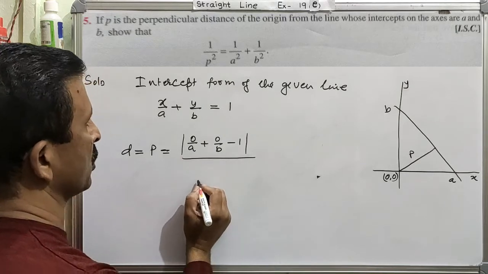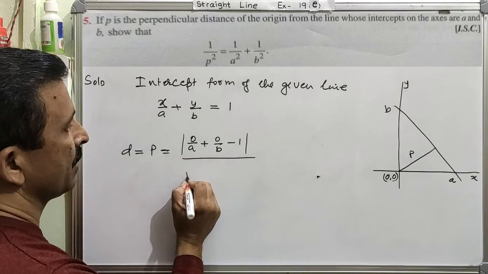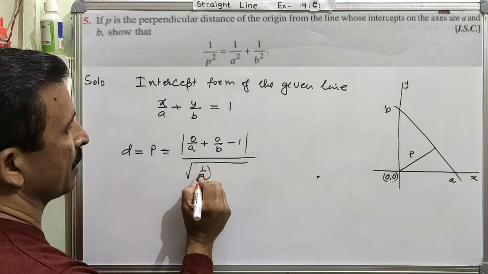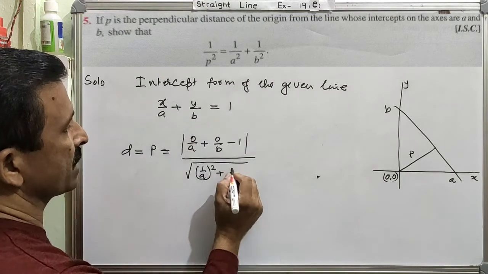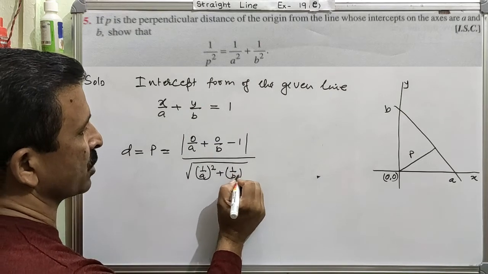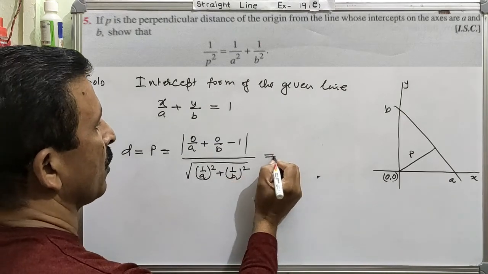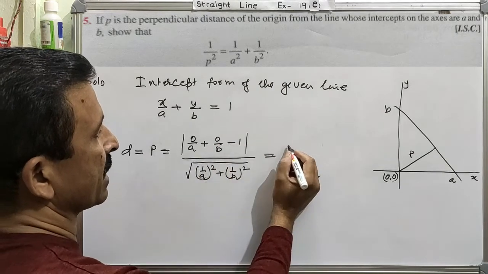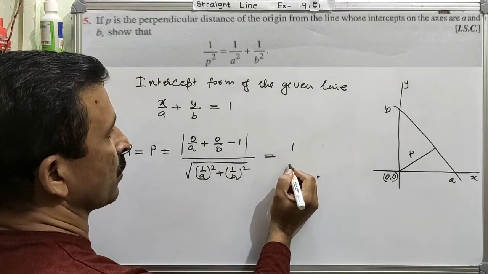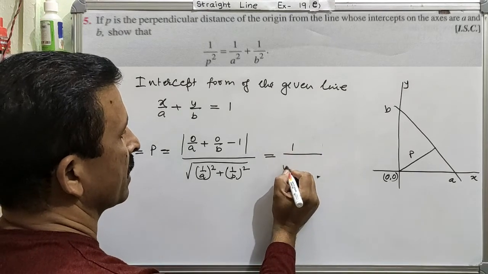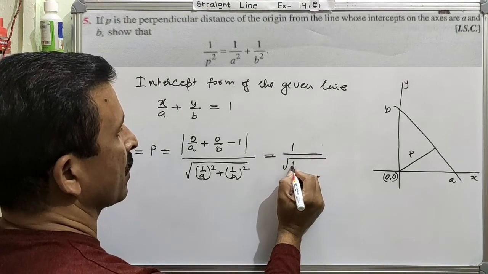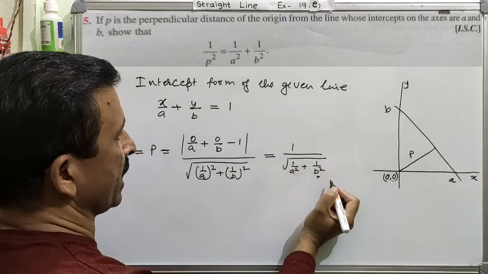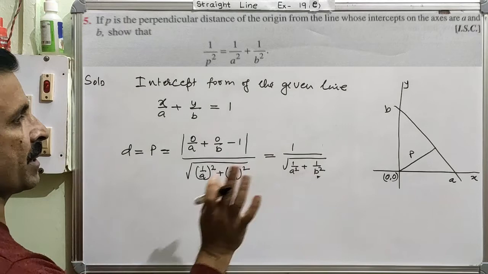Then root over the coefficient of x squared, which is 1 over A square, plus the coefficient of y squared, which is 1 over B square. Clear? Now this is 0, this is 0. You are only left with minus 1. So when you remove the absolute value sign, it will come as 1 over root over 1 over A square plus 1 over B square. So your P is equal to this much.